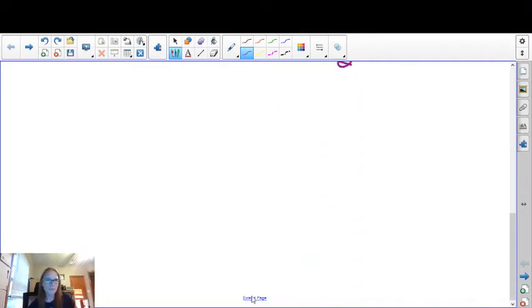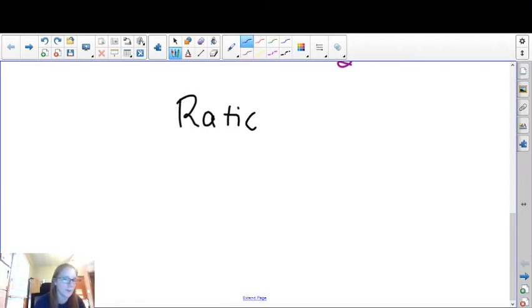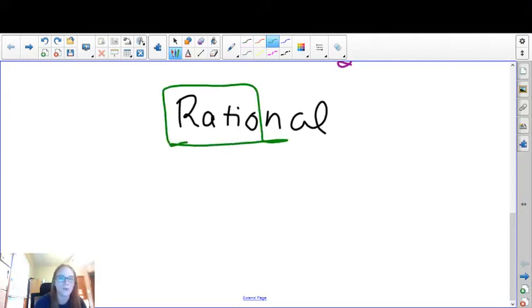Now, something I want to talk about real quick before we get into the next slide is the word rational itself. Excuse me, rational. I jumped the gun. A rational number has the word ratio in the first part.